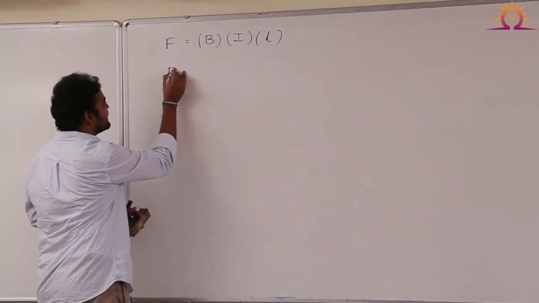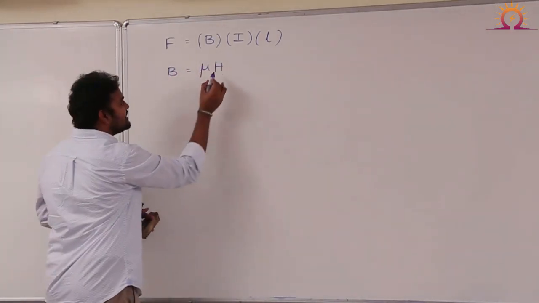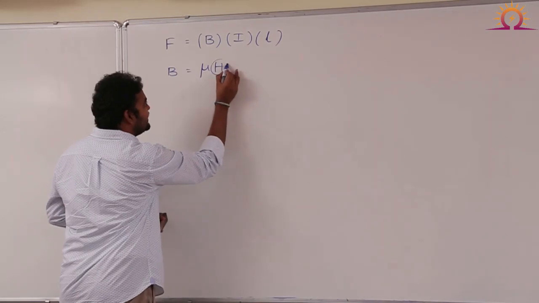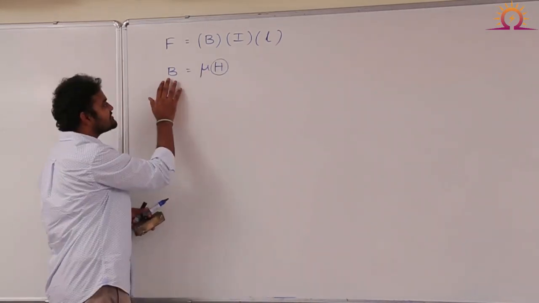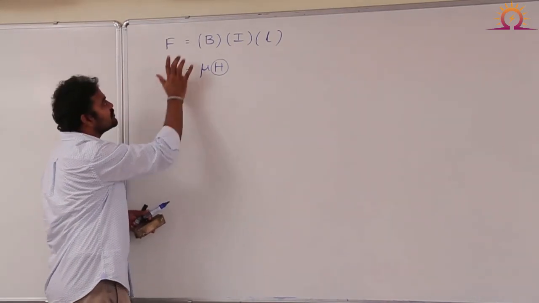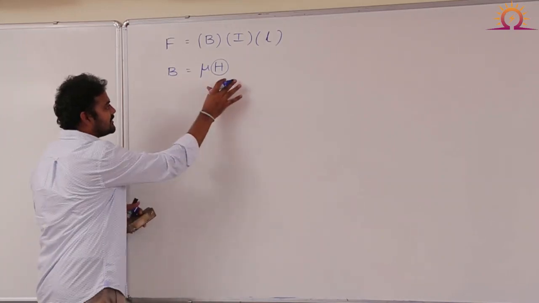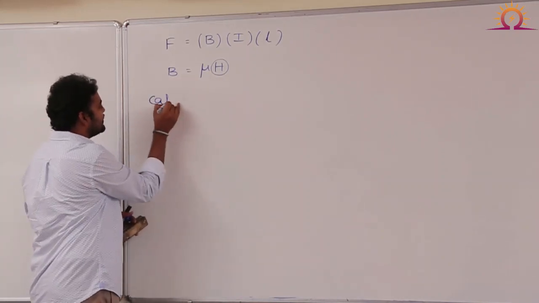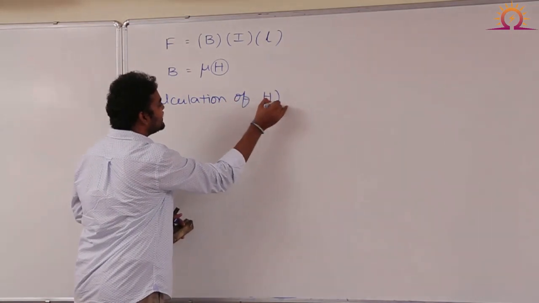We know flux density can be written as mu into H. So if I know the intensity of the field experienced by the conductor, then obviously the flux density can be calculated so that we can get the magnitude of force. So our first discussion is calculation of field intensity H.